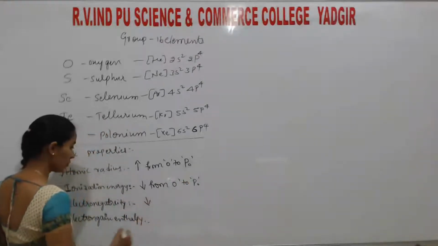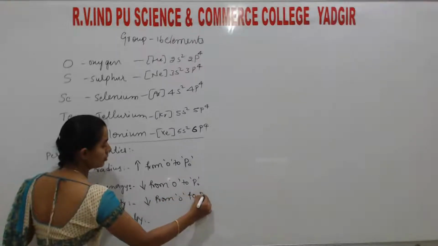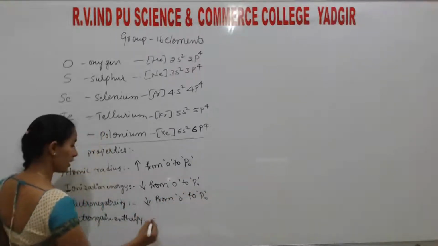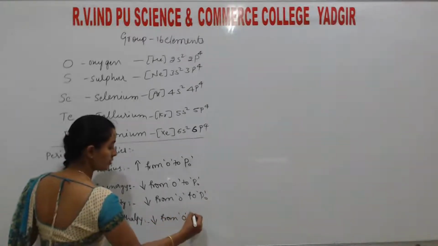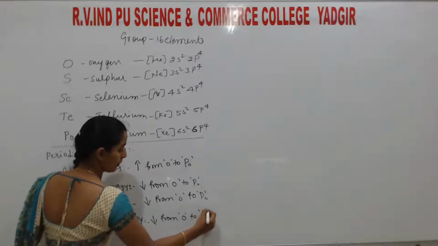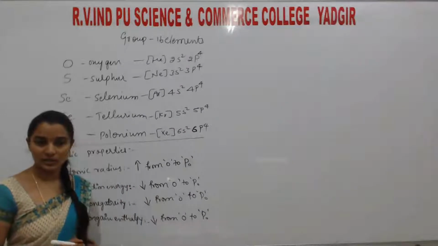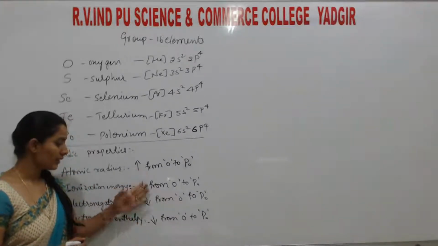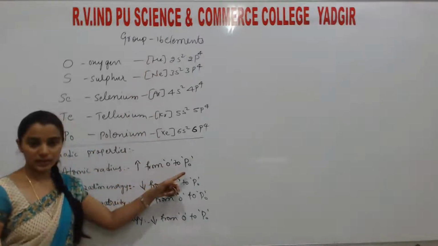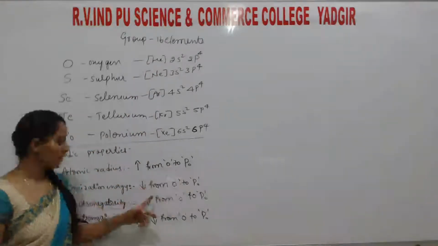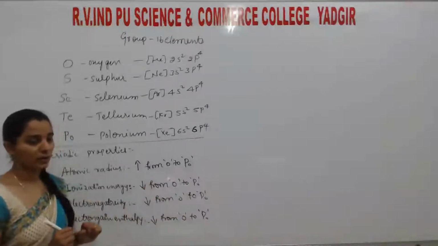Similarly, electronegativity also decreases, and electron gain enthalpy also decreases from oxygen to polonium. You know that if the size increases, then these properties decrease. If the size decreases, then these properties increase. So along the group, the size increases, so that's why these decrease. These are the periodic properties.